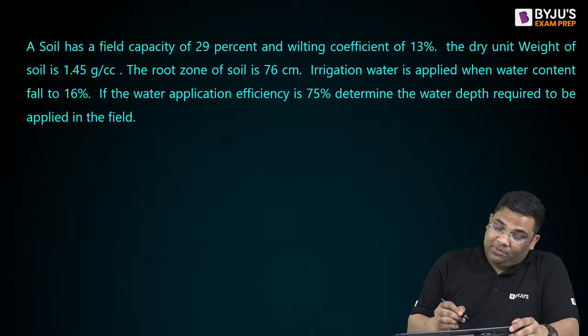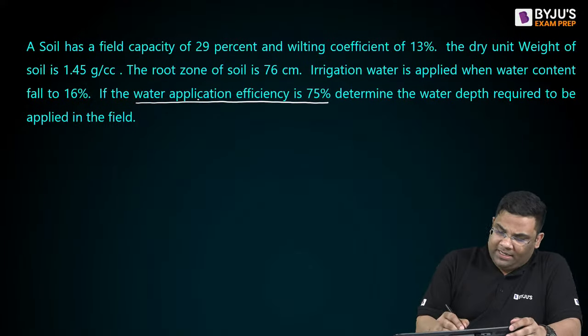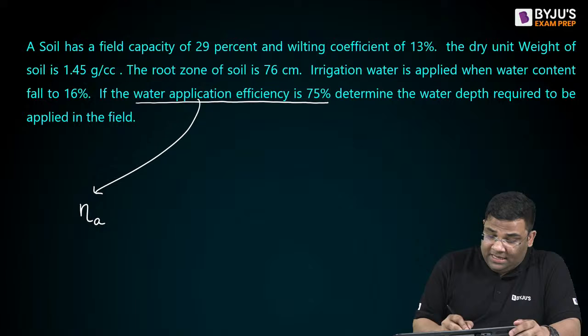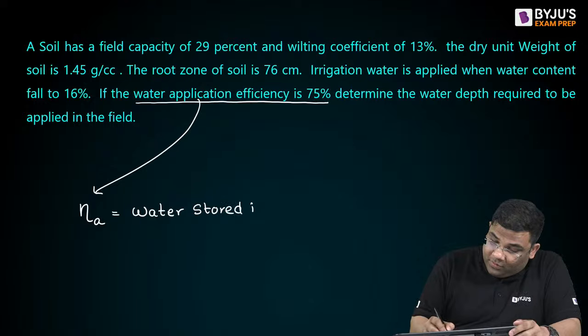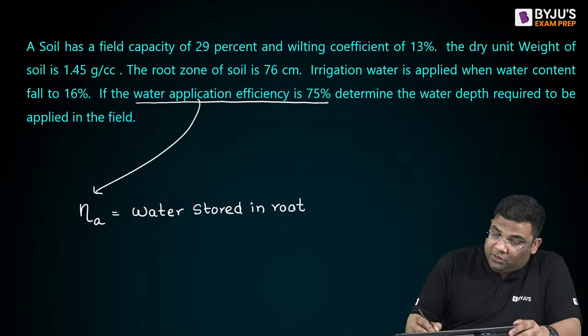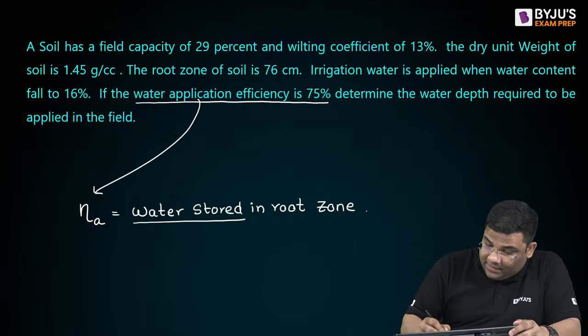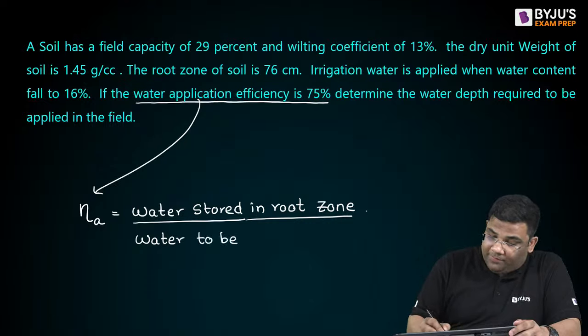We'll introduce this concept of water application efficiency. Now what is water application efficiency? It is the water stored in the root zone divided by the water to be provided.